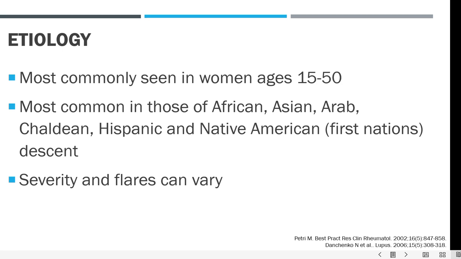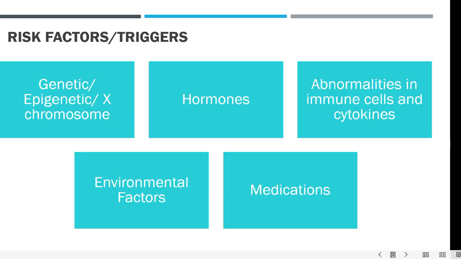So looking at some of our risk factors and triggers, so there is no known cause, but certain factors can make patients at a higher risk of developing SLE, as well as triggering flares in our disease. So first, looking at our genetic, epigenetic, and X chromosome linked factors.